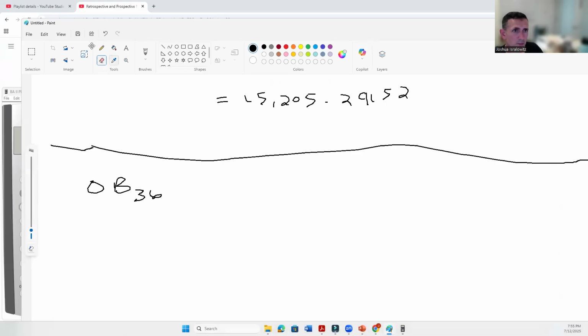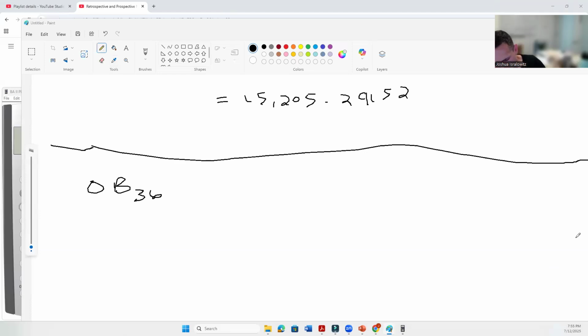But again, we got to be a little careful. I should maybe be a little clearer in that it doesn't even make sense to use the retrospective method for OB36, and I'll explain why in a second. It's not even clear how to use it. So it's not even that the formula gives you the wrong answer. It doesn't even make any sense.